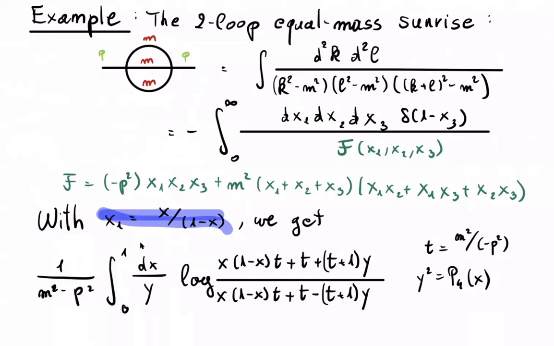And you can check, and I leave it to you as an exercise, that if you do that, then, well, you eliminate x3 from the delta function, x2, you just integrate from 0 to infinity, and it gives you a log, and it looks like this. You get a log from the integral of x2. And you also get dx over y, where y is the square root of a polynomial of degree 4.